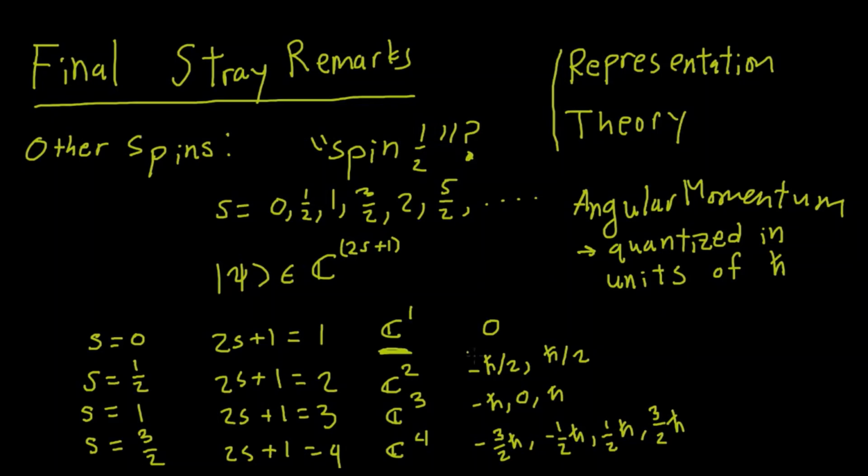And the thing is that they always go in steps of h bar, right? So from minus 1/2 h bar to plus 1/2 h bar is an h bar jump, right? So it's the same thing. It's h bar, h bar, h bar, you add h bar, you add h bar, you add h bar.